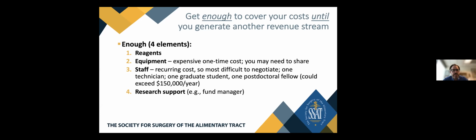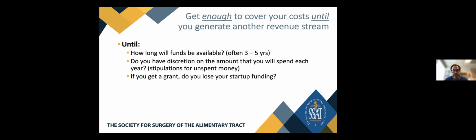In addition, what you're going to need to be thinking about is fund managers. So you're going to need somebody that's going to help you with managing the money in terms of your pre-award as well as your post-award money for your grants as you develop funding, but also just how to manage your funding that you have from your startup package.